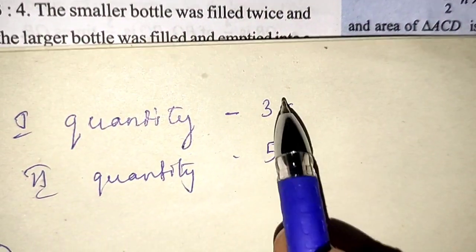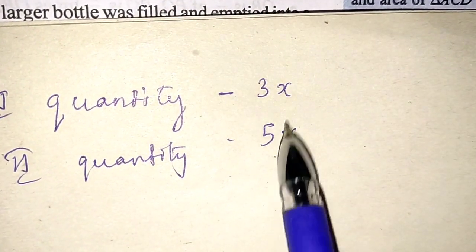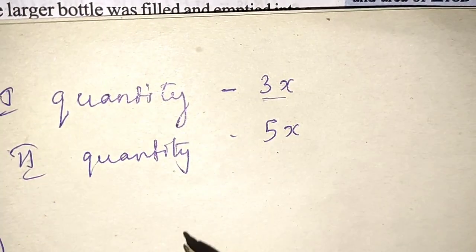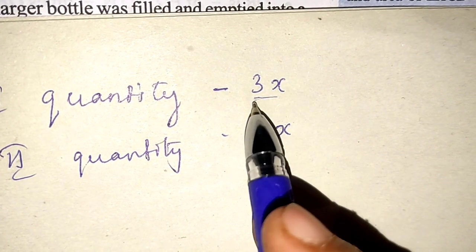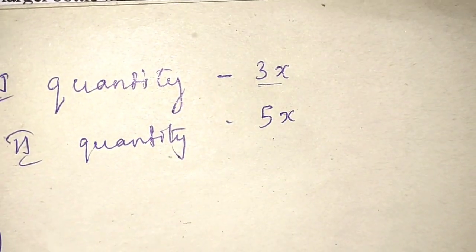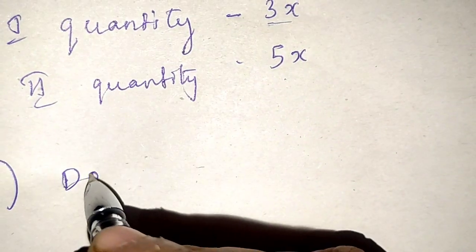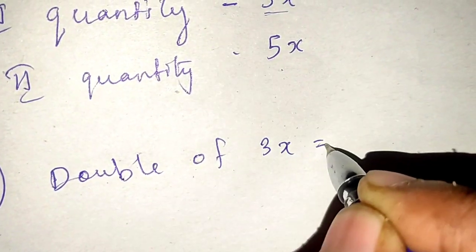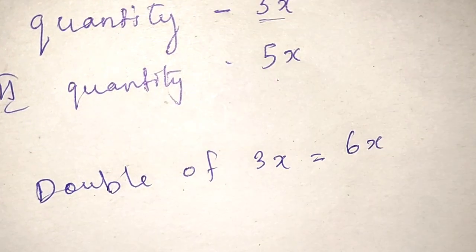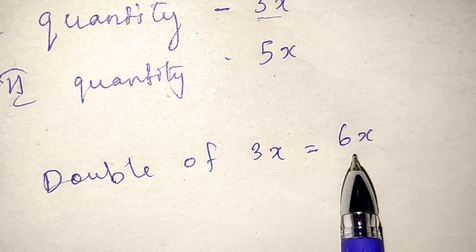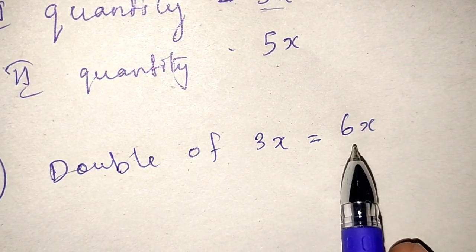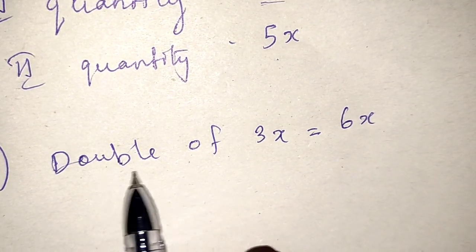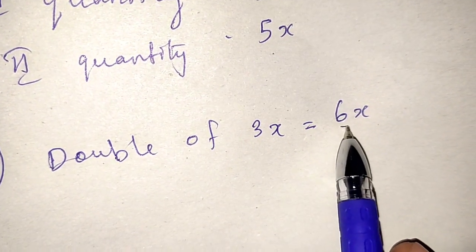In 3x and 5x, which one is smaller? 3x is smaller. If we double this smaller one alone, what is the double of 3x? Double of 3x is equal to 6x. If the smaller one alone is doubled, then the smaller one becomes 6x.